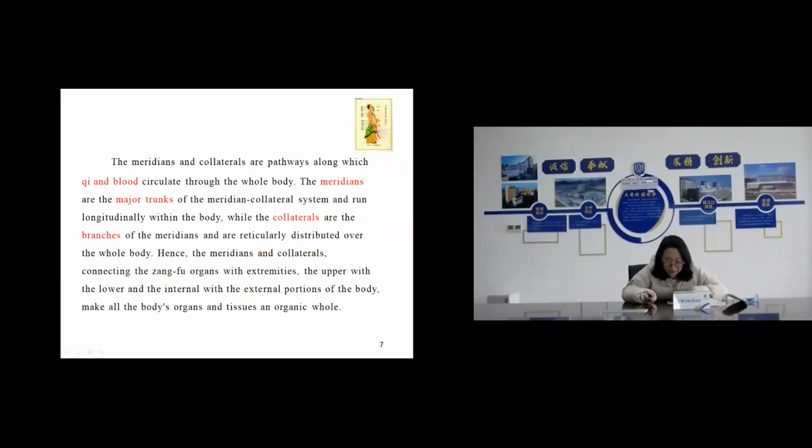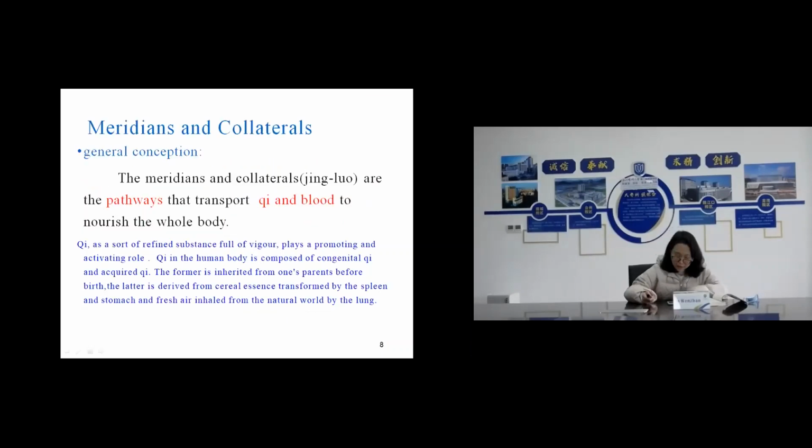The meridians and collaterals are pathways along which qi and blood circulate through the whole body. The meridians are the main trunks, and the collaterals are the branches. In Chinese, meridian means jing and collateral means luo. They are the pathways that transport qi and blood to nourish the whole body.